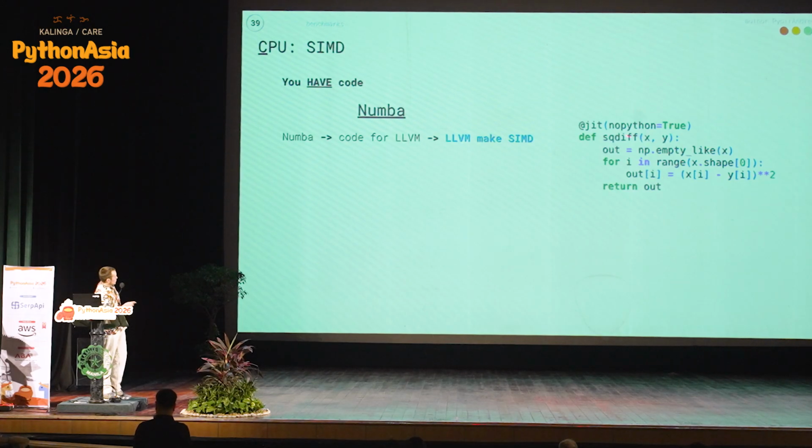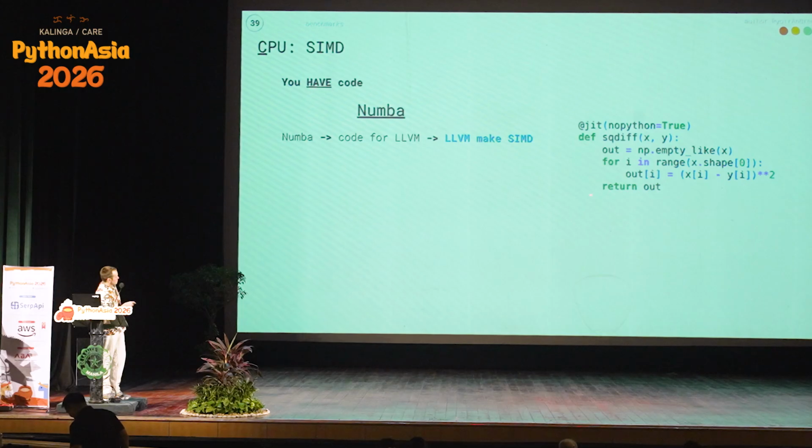What happens? When you write your code, for example this simple square difference, you don't have to rewrite it. You can put a decorator over the function and hope that SIMD will be implemented. How does it work?